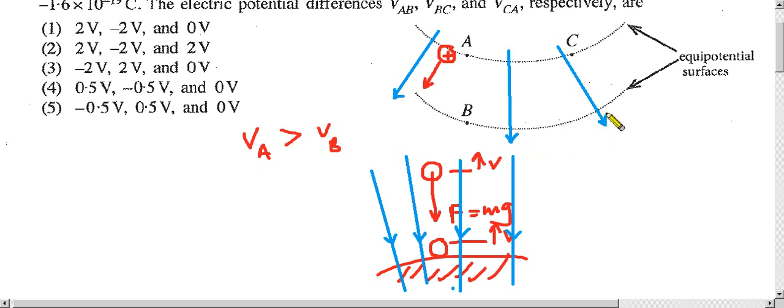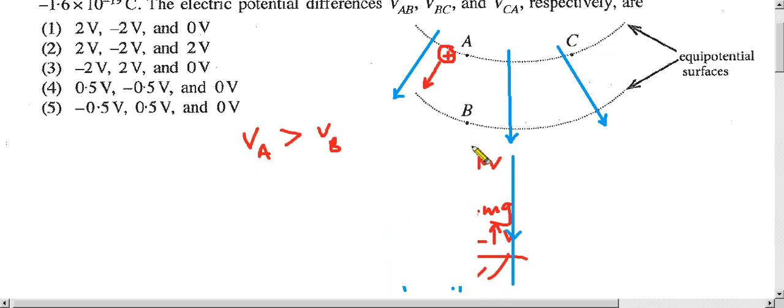And also, what is the definition of force lines? The path along which a positive charge moves. So that definition also matches with this diagram. Then the force lines must be like that, because they say this positive charge moves naturally from A to B. So the force lines must be from A to B. So VA is greater than VB.